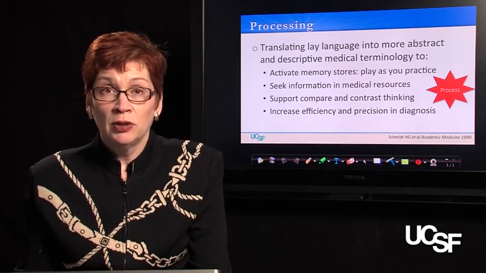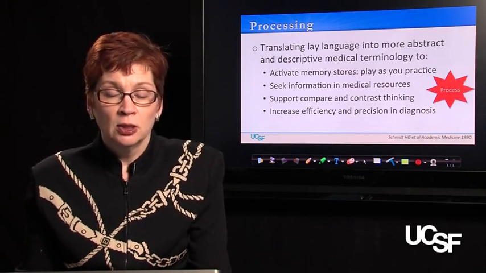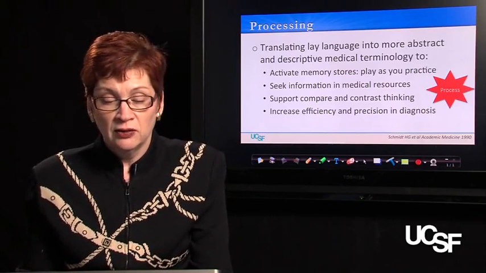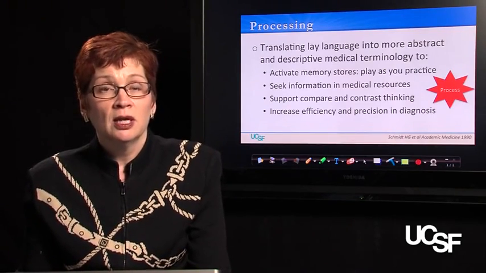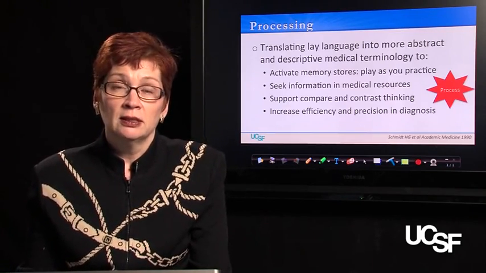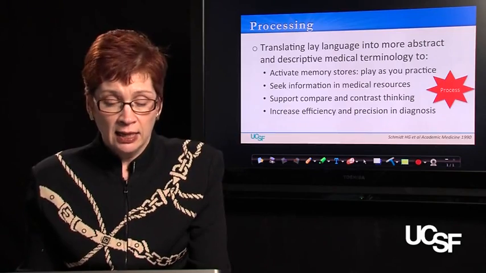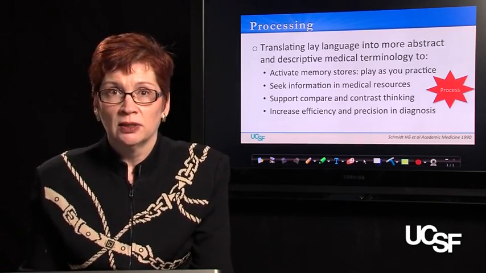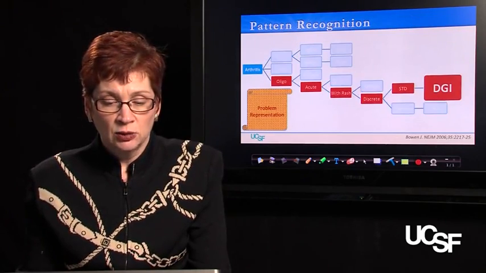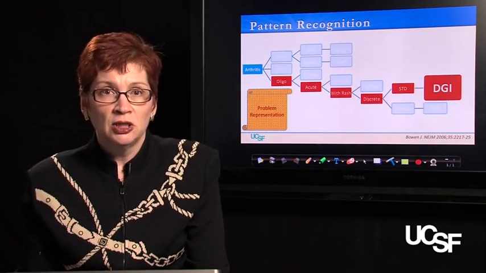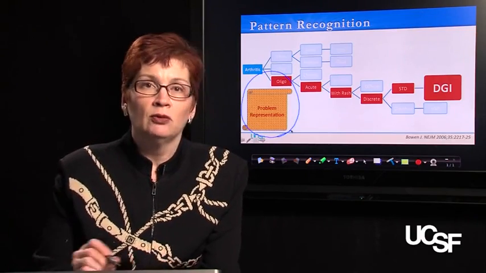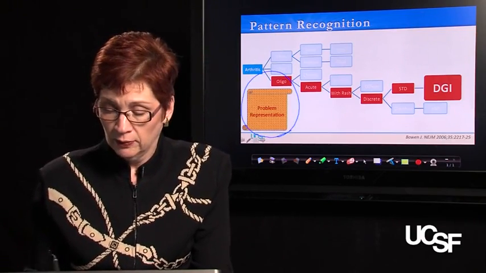We spent time both last week and on the homework in processing, translating lay language into more abstract and descriptive medical terminology to facilitate activation of memory stores, allow easier seeking of information in medical sources, support compare and contrast thinking, and increase the efficiency and precision of diagnosis. Forward thinking was illustrated, as was pattern recognition. Ultimately achieving what we want before we start our differential diagnosis is a good, robust problem representation.